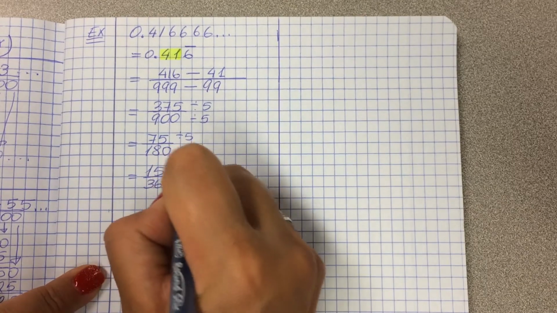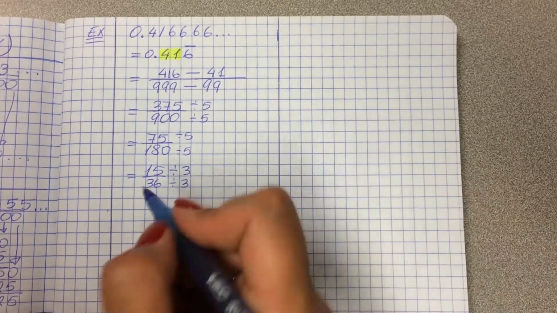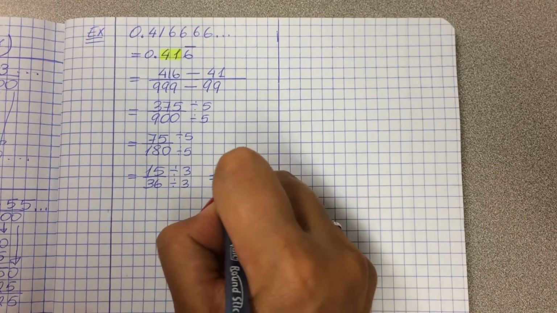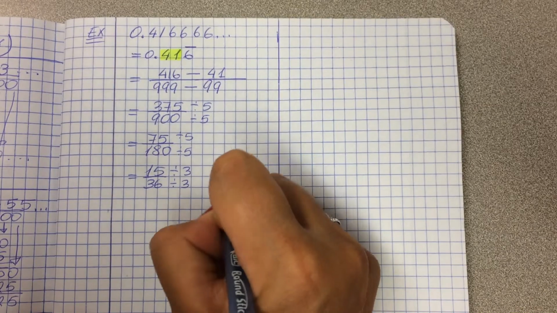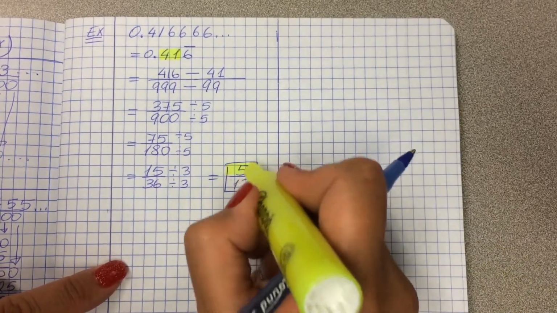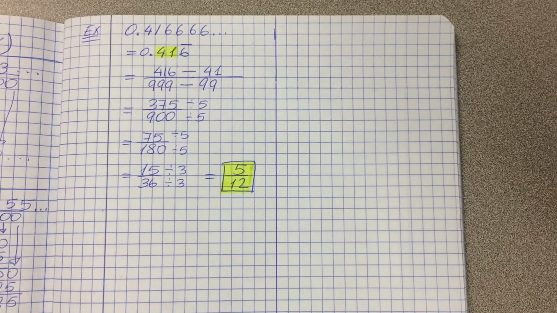And then we can divide by 3 to simplify even further, and that will be 5 12ths. 5 12ths is the simplest form because we cannot divide by anything anymore.